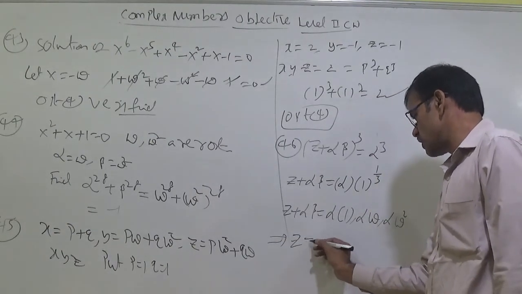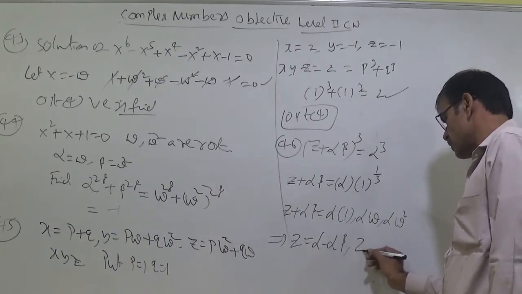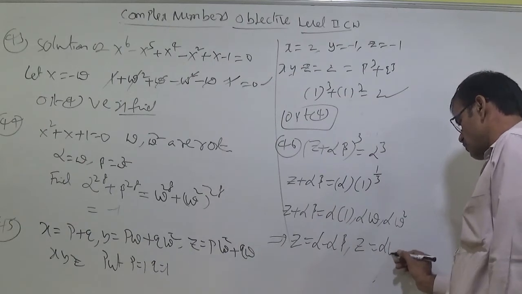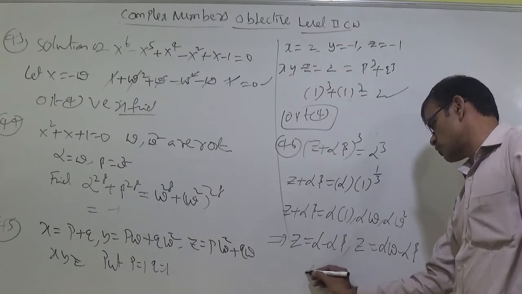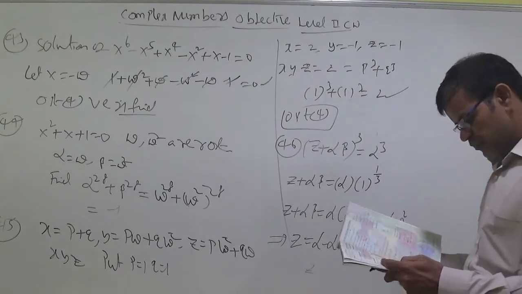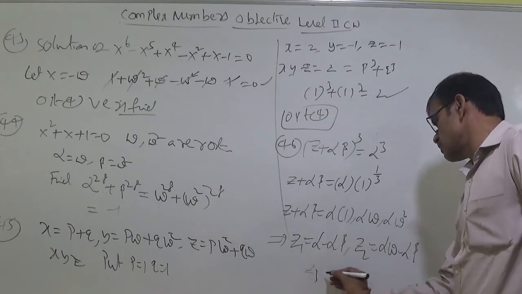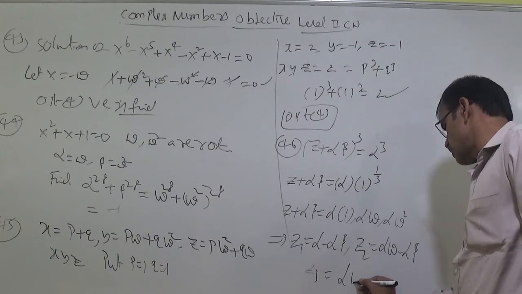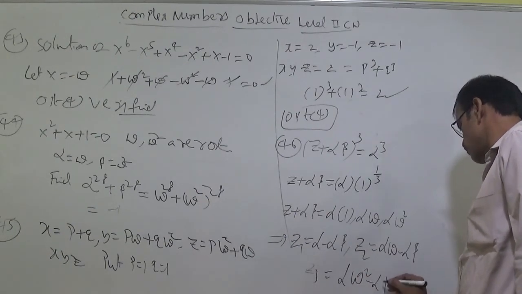Now you can write z is equal to alpha minus alpha beta, and z is equal to alpha omega minus alpha beta, and z is equal to alpha omega square minus alpha beta. Total 3 roots are there. What is he discussing with us? Length. Let us write these as z1, z2, z3.